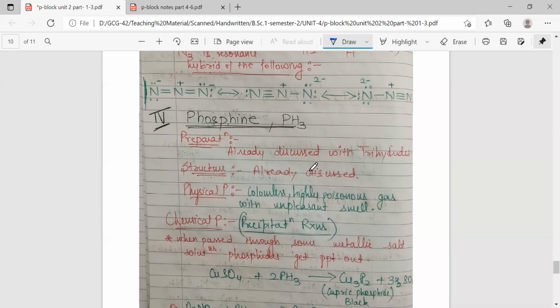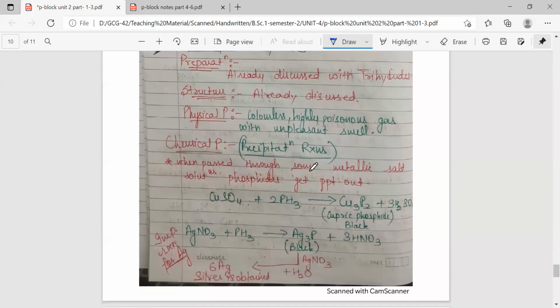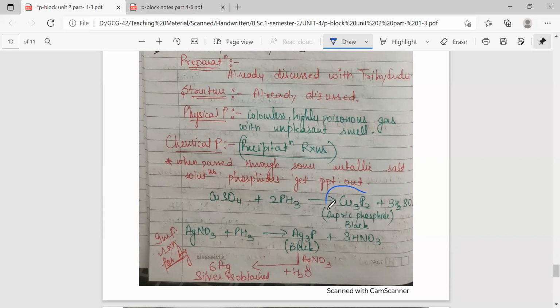Its chemical properties include precipitation reactions. When it is passed through some metallic salt solution, the compounds which precipitate out are the phosphides. So copper sulfate solution will react with phosphine to give cupric phosphide and H2SO4. This is a black colored compound.